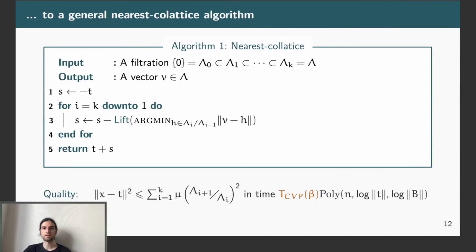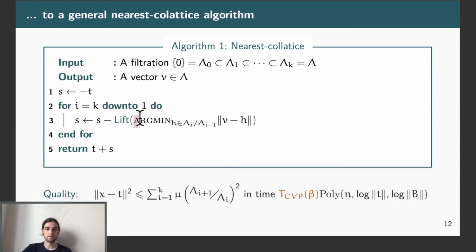And from that, we get a direct generalization in arbitrary size, where instead of looking for the nearest plane or the nearest cospace of dimension 2, we directly look for the nearest cospace in dimension beta. Here we get this kind of algorithm, which is written not recursively, but in an iterative way.